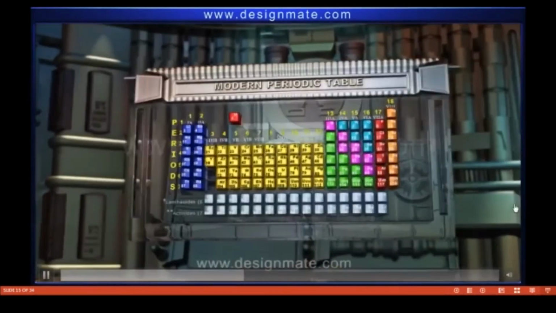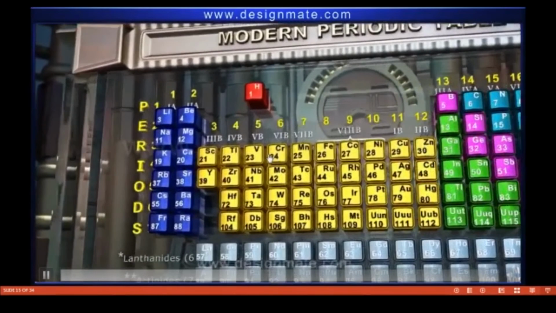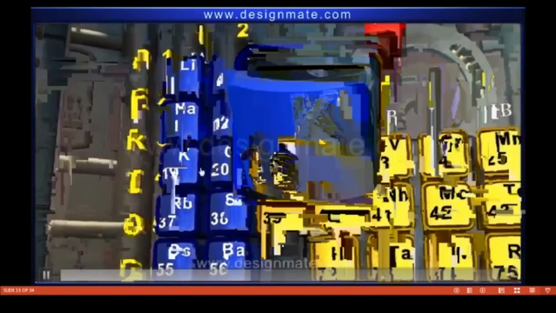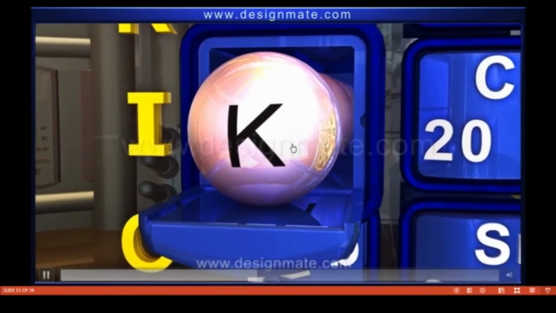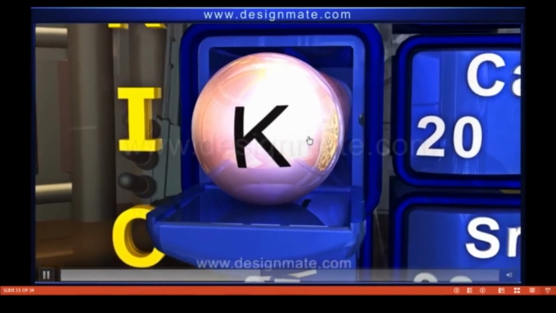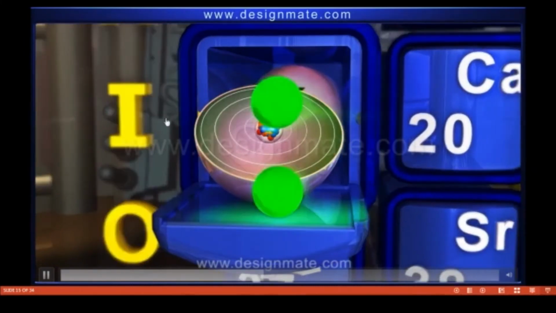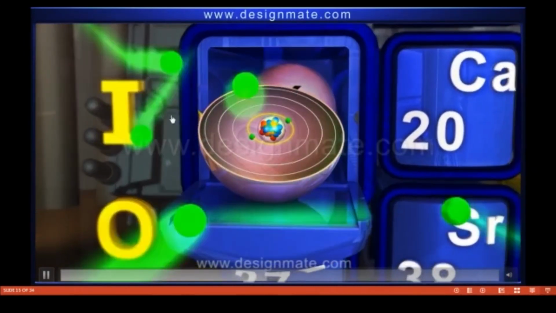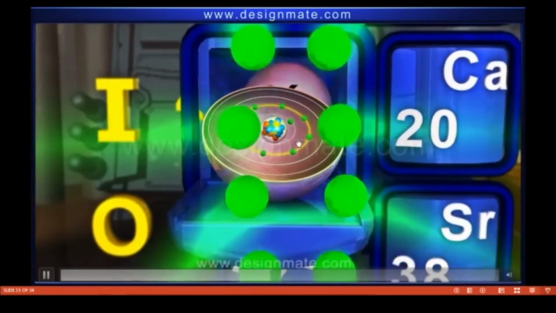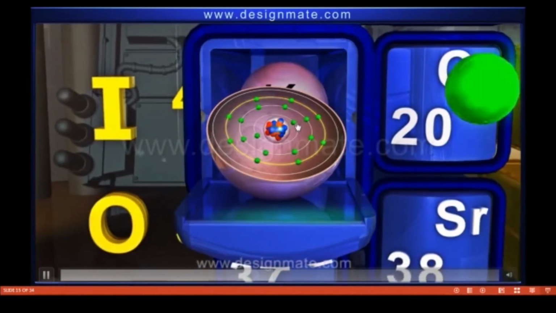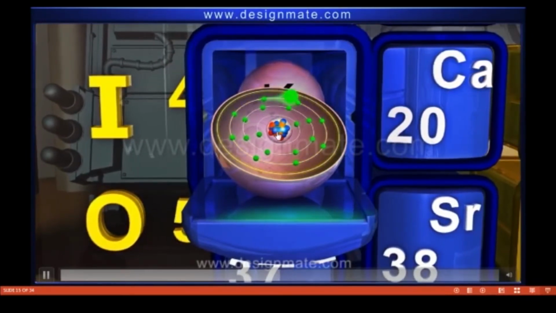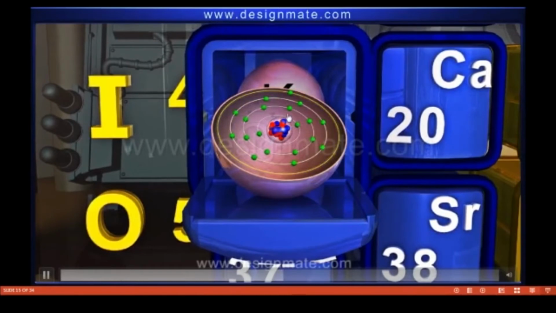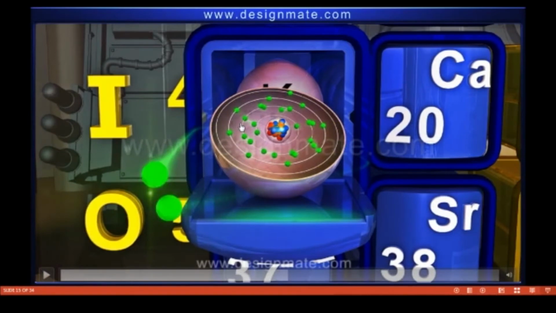In the modern periodic table, there are 118 elements. We take potassium as an example. Potassium has atomic number 19, and the period number is 4. So 19 electrons are filled across the shells. The K shell has 2 electrons, then 8, 2 plus 8 is 10, 10 plus 8 is 18.